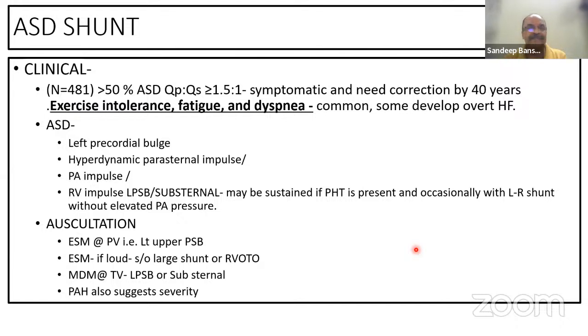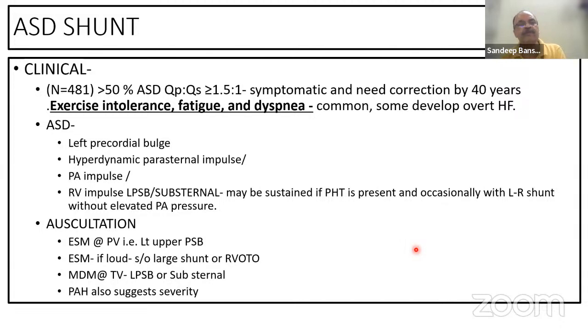Now, as far as the ASD is concerned, we need to understand that the shunt should be at least 1.5:1 to lead to symptoms and need correction. Most of my data is actually taken from uptodate.com, so it is easy to follow. I can also share these slides if required.